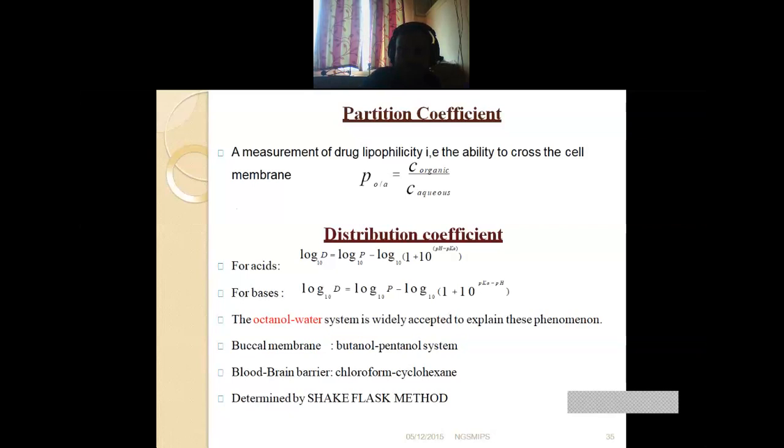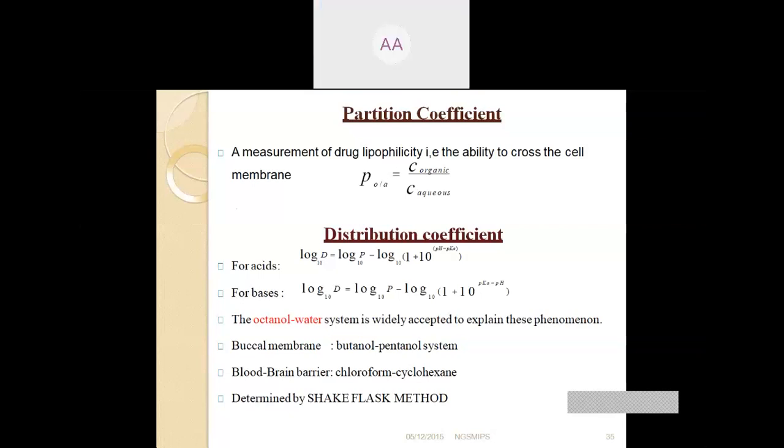To cross the cell membrane, our cell membranes are mainly prepared by lipids. If the drug has the tendency to be lipid soluble, then it easily permeates or crosses. Getting my point? Yes or no? Yes, sir.